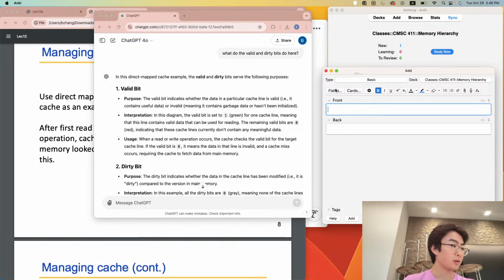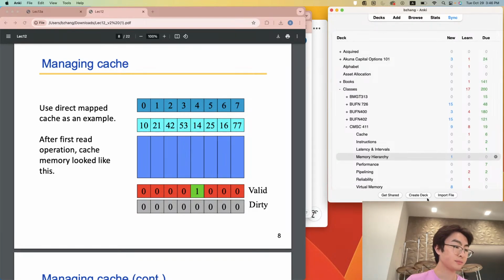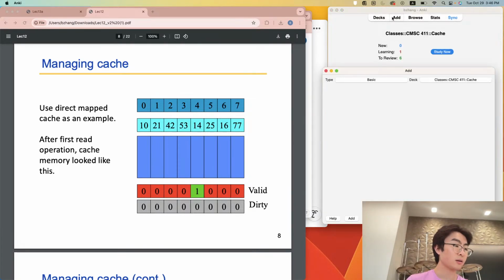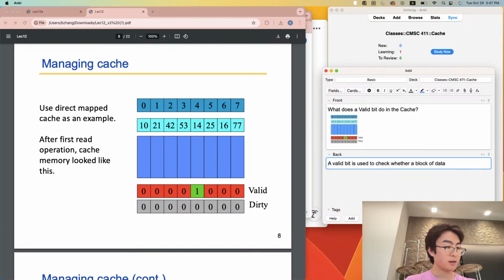Okay, so this is actually very helpful. Okay, so what does a valid bit do in the cache? Initialized in the cache.